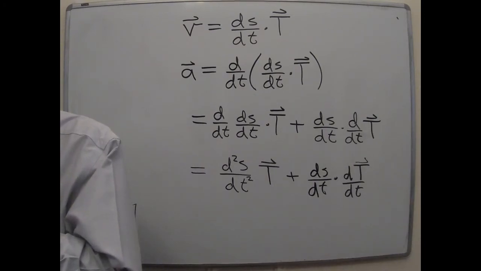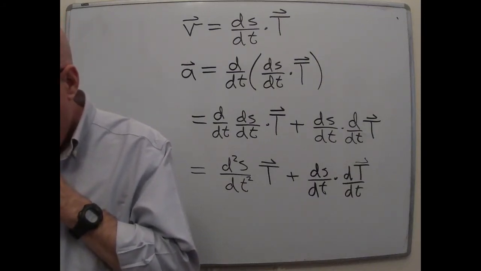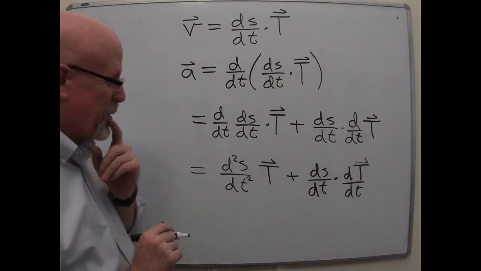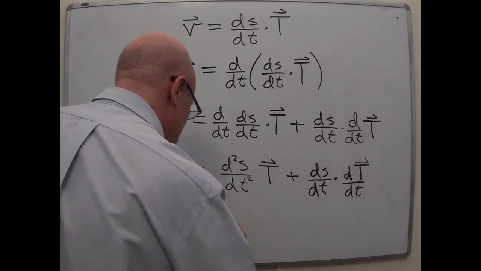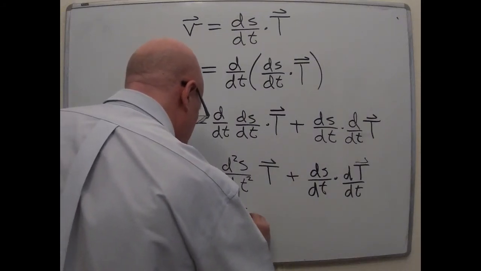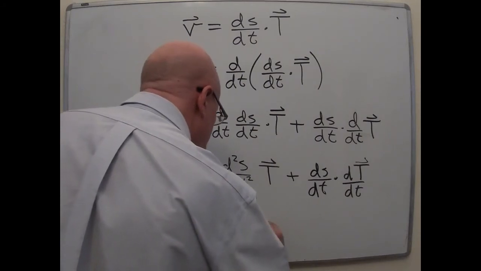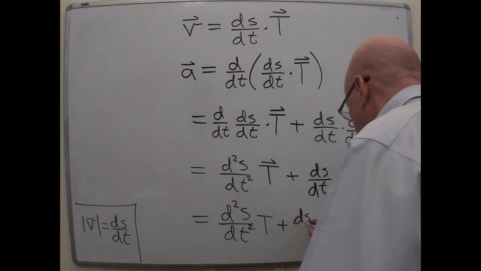How do we turn it into the normal vector? Well, let me turn it into the normal vector in a Leibniz style calculation. This part we'll just copy in, d squared s dt squared times T, and ds dt is fine.